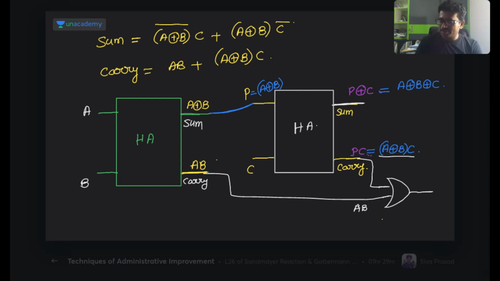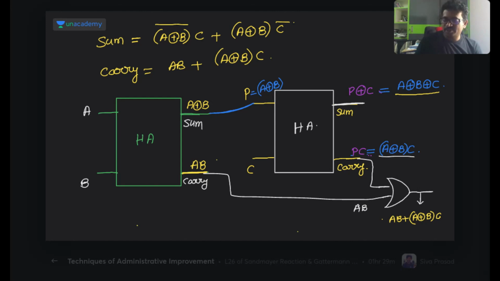Then at this location, what is the output of my OR gate? This is AB plus (A XOR B) into C. And this is A XOR B XOR C.